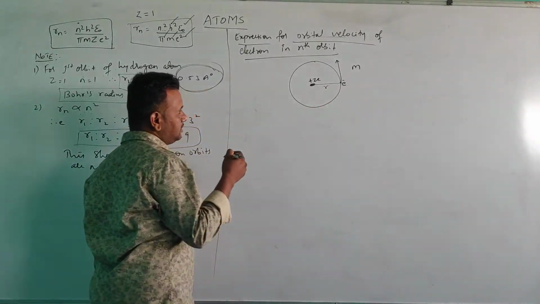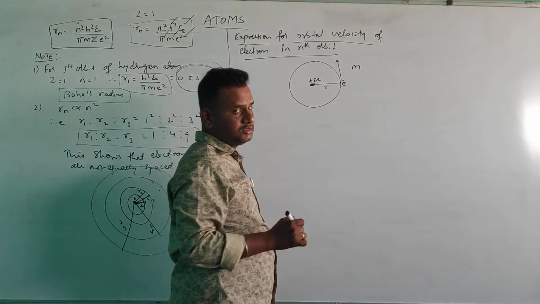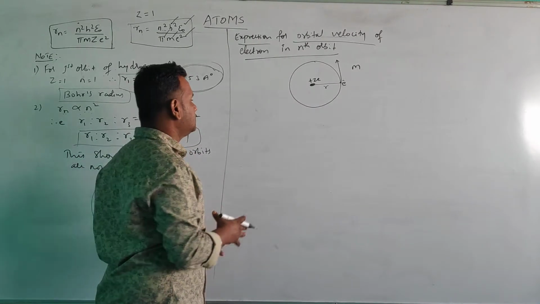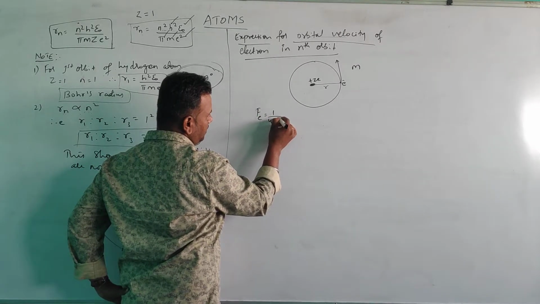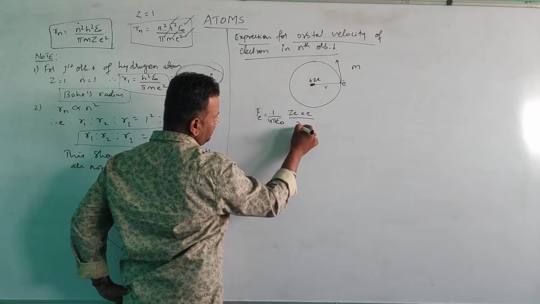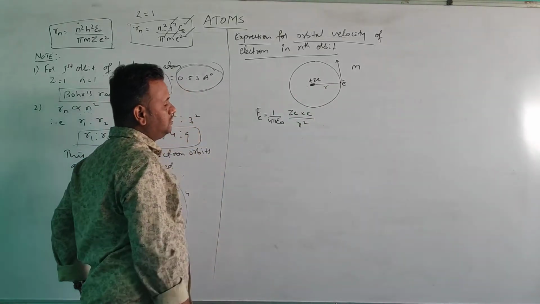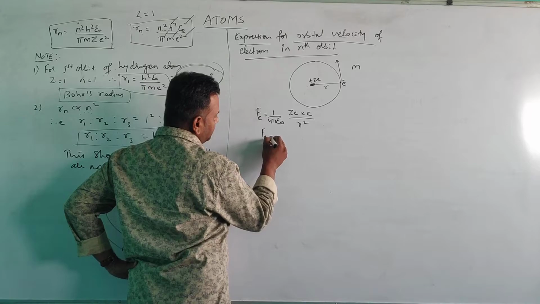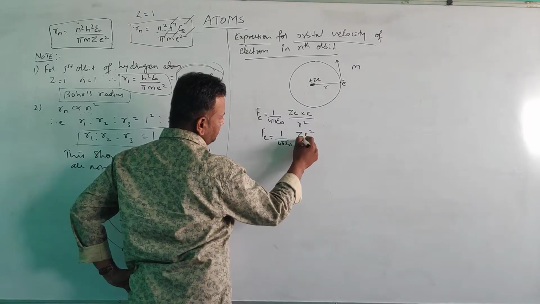Here the electrostatic force between the electron and the nucleus is given by F is equal to 1 by 4 pi epsilon naught, Ze into e, divided by r square, where r is the distance between the nucleus and the electron. So it becomes 1 by 4 pi epsilon naught Ze square divided by r square.